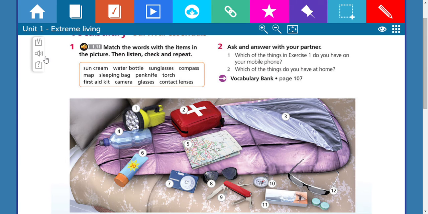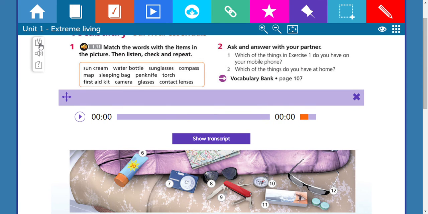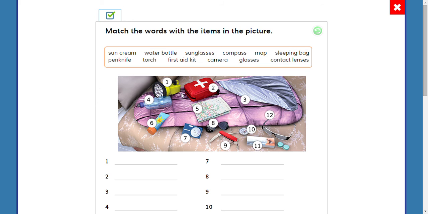Let's see. What about the exercise? Here I have the exercise. For example, what was number 1? Yes, torch. Number 2, teacher, it's like a red cross.